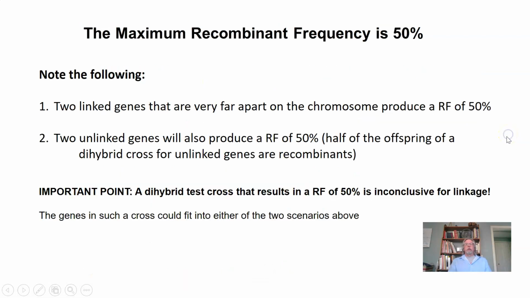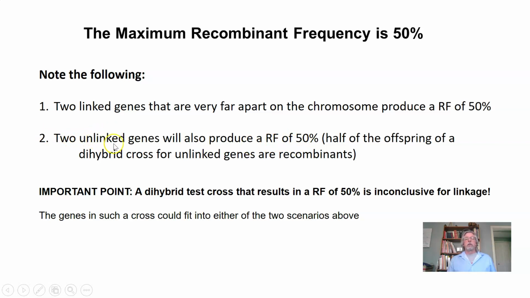So this brings up a point of consideration. We just went through the example shown here in number 1 for two linked genes that are very far apart on the chromosome, such that every single meiosis division produces a crossover that will give a recombinant frequency of 50%. But we would also see this same recombinant frequency for two unlinked genes.